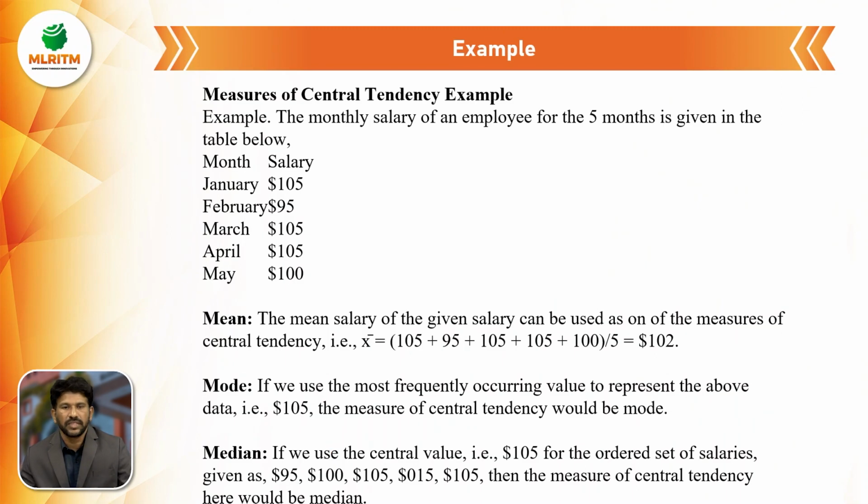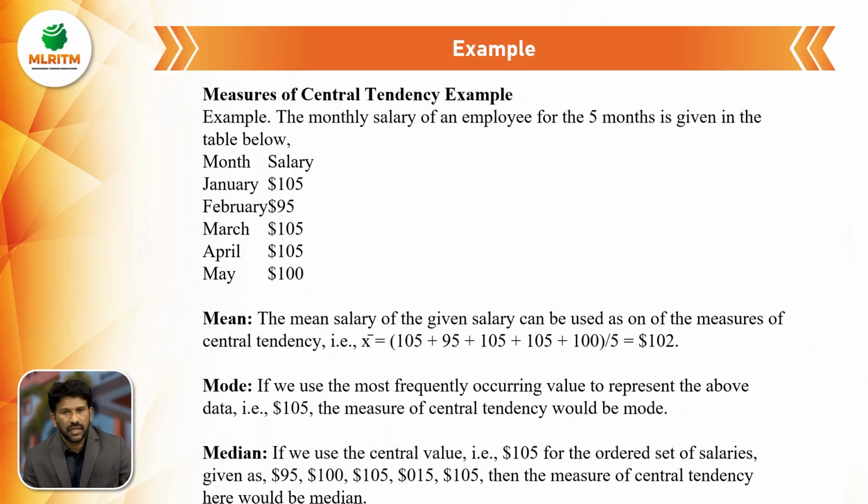Let's see one more example of measures of central tendency. In this example, we have salary details for 5 months, the monthly salary of the employees in the given table. The months are January, February, March, April, May, and the salaries are 105, 95, 105, 105 and 100.